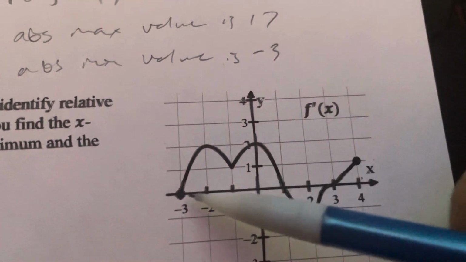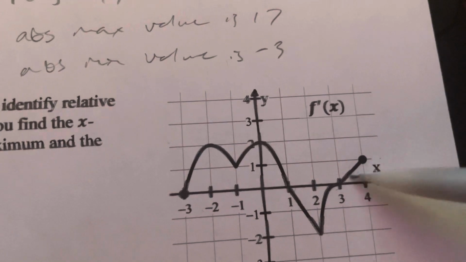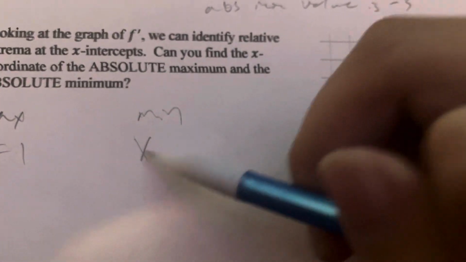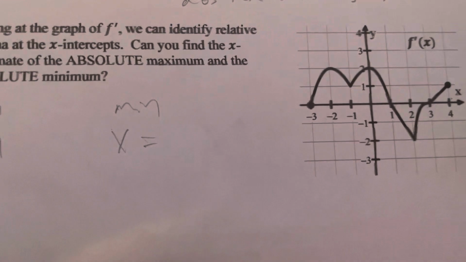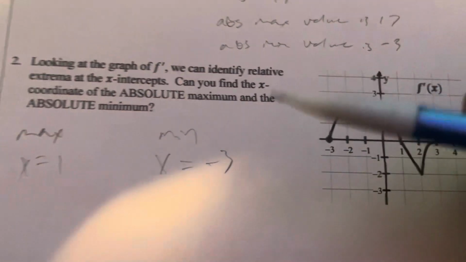So right here is increasing all the way, leaving this point, and right here it's increasing just a little bit. But we can see that it increases a lot more here than it does here. So that we know that the min is x equals -3, absolute min.